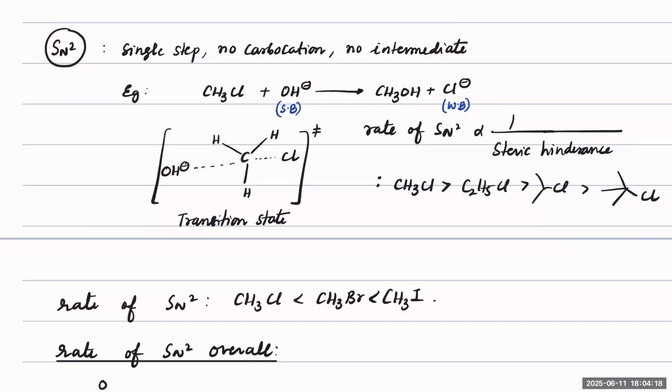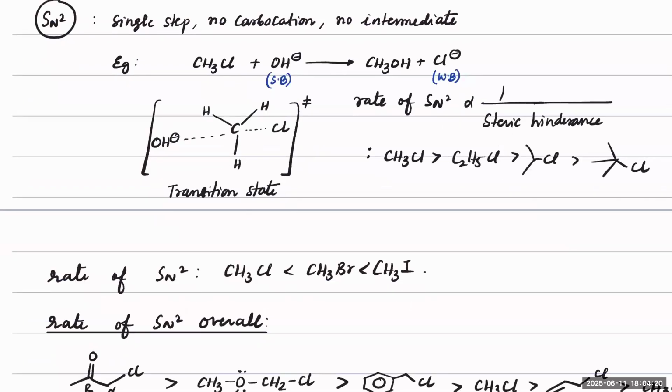How does this reaction proceed? While chlorine is leaving from one end, exactly from the opposite end, in the sigma star orbital, OH minus will attack and Cl minus will go. Now notice this transition state.